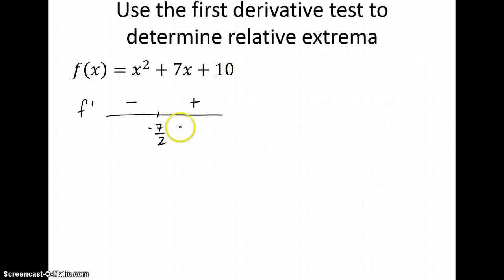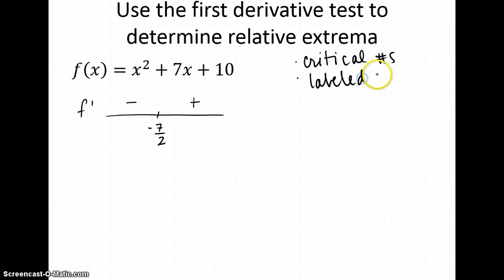Again, go through the same steps that you would to determine where the function is increasing or decreasing: find your critical numbers, make a labeled number line, and then determine the sign of each interval.